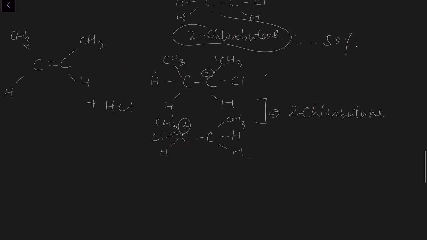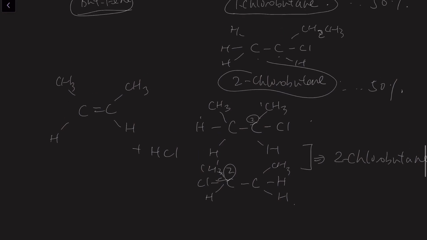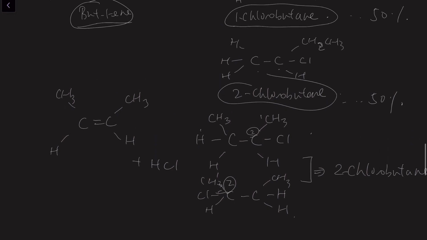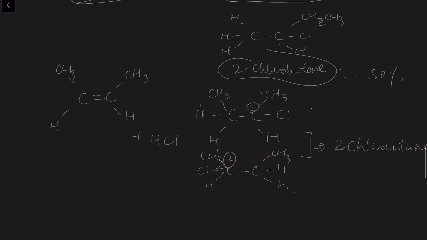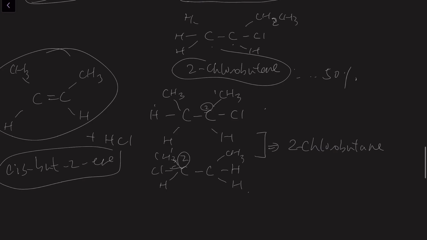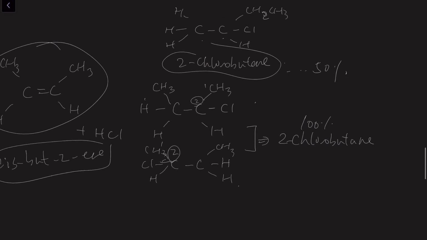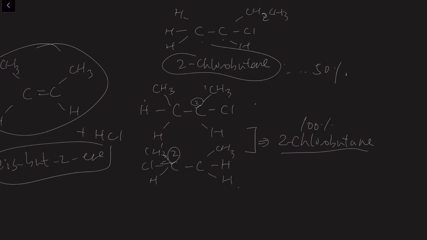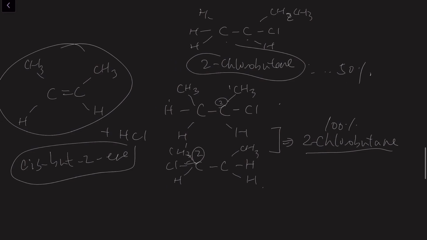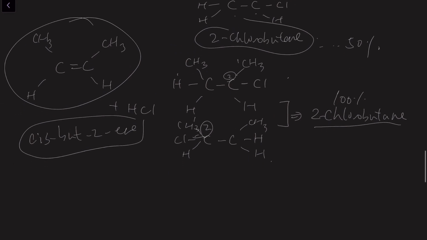So when you have a molecule like cis-but-2-ene, for a molecule like this, you are 100% guaranteed to obtain 2-chlorobutane. So this is really a key advantage of addition reaction.